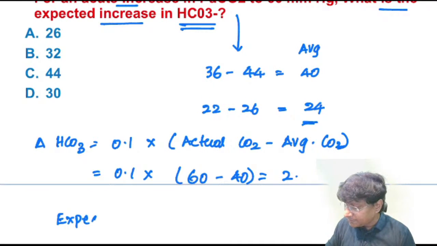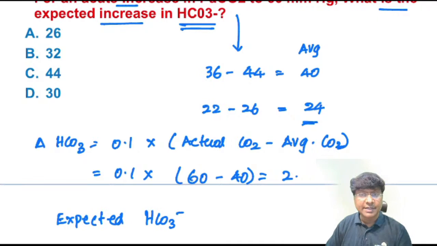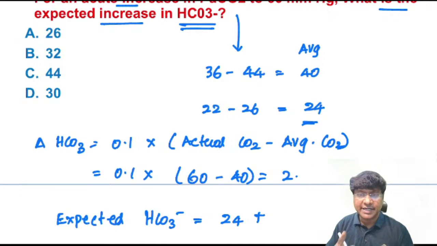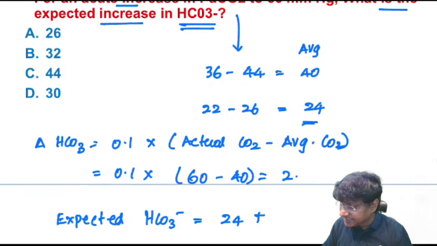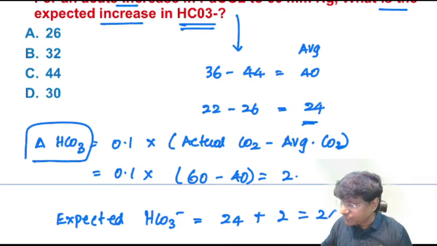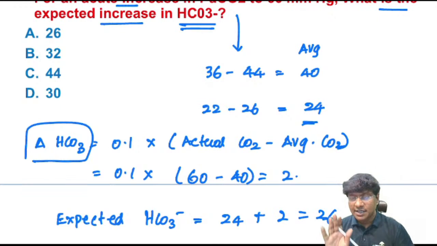The formula for expected bicarbonate is 24 plus this formula. That will be 26. Okay, I'll explain once again, please don't get confused.